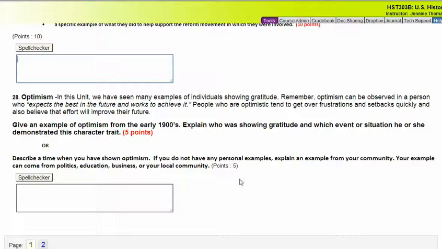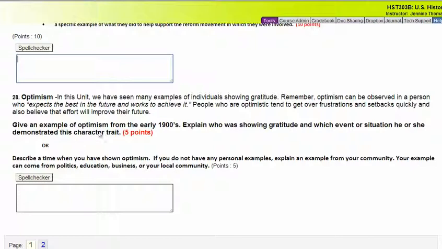Number 28, optimism. In this unit, we have seen many examples of individuals showing optimism. That should say optimism. I don't know how I didn't catch that one. Remember, optimism can be observed in a person who expects the best in the future and works to achieve it. People who are optimistic tend to get over frustrations and setbacks quickly and also believe that effort will improve their future.